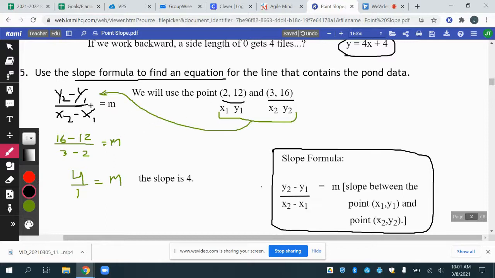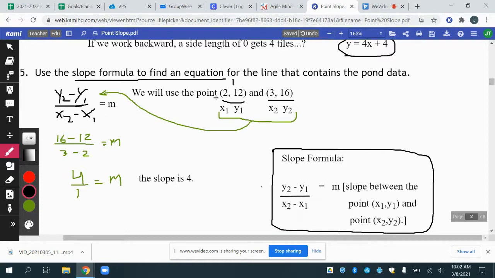All right, and what I did was I tabbed my y2 and my y1 and my x2 and my x1. I look at the first point I listed, and I call that point x1, y1, as in the first point. That's what this one stands for. It's not like multiplication or squared or anything. It's just saying, hey, these are the x and the y from the first point. And I have to plug them in, so I put the 2 for x1.